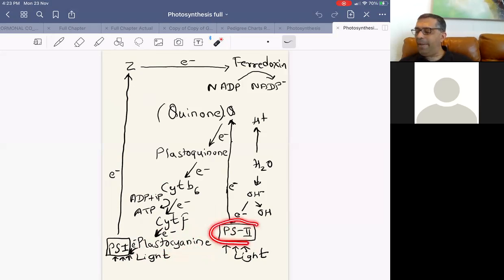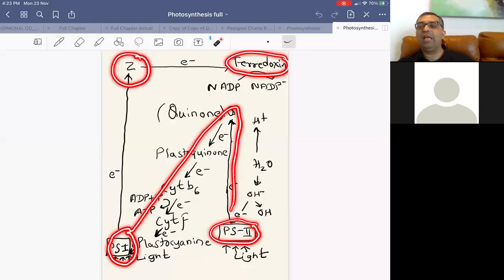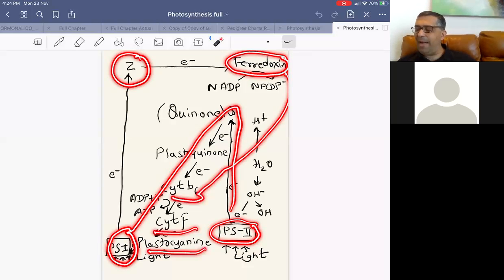So where has the electron gone from? Electron has gone from PS2 to PS1. So this is a non-cyclic process. And PS1 का electron had gone to Z. From Z, it goes to ferredoxine. Now from ferredoxine, it is supposed to go to cytochrome B6, cytochrome F, plastocyanine, and return back to PS1 like cyclic.